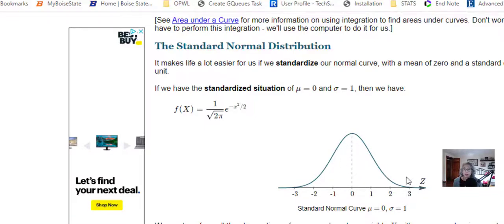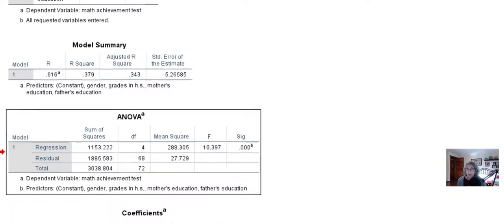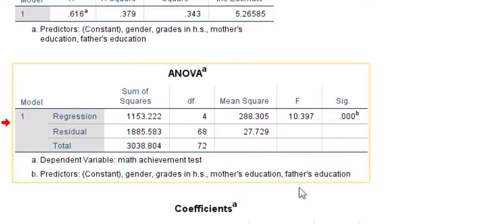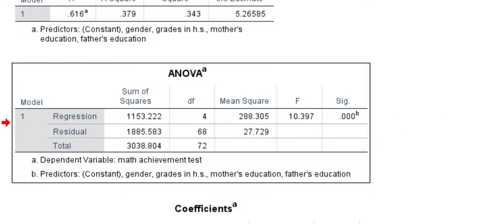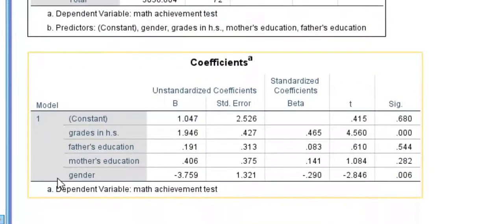Out here, chances are it is what we say it is, and we can then reject the null hypothesis and say this model does indeed seem to contribute to math achievement. So that would be positive for our research. And then we want to again remember that it is with this combination of variables.